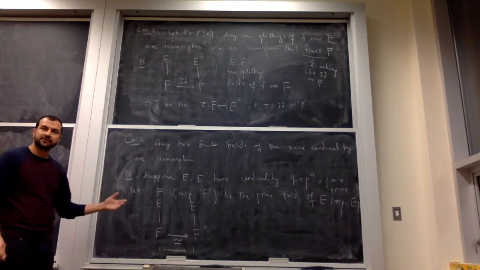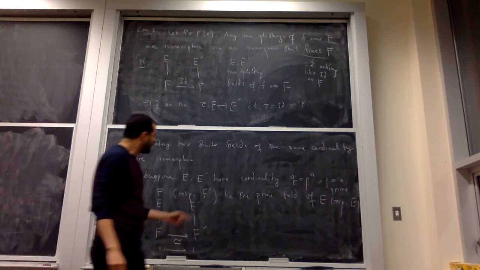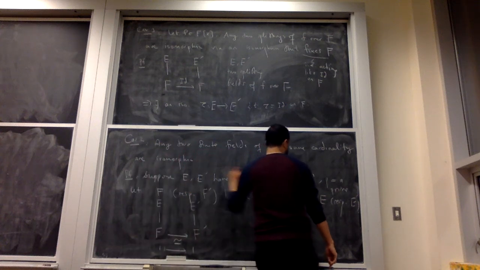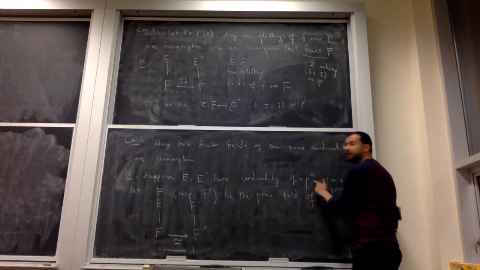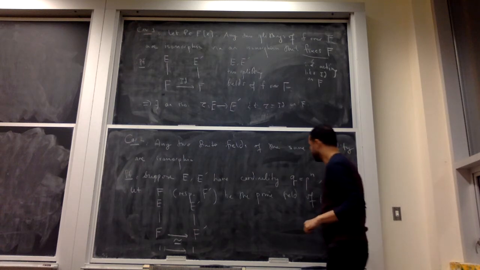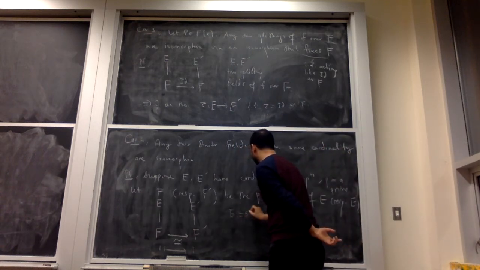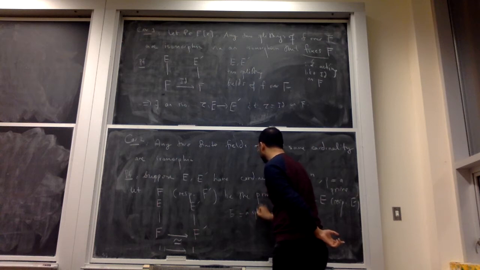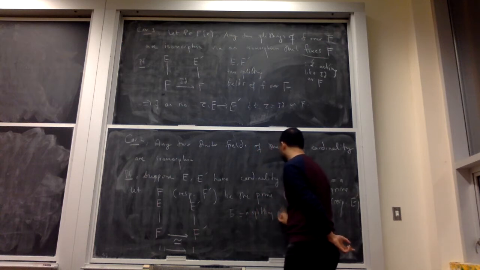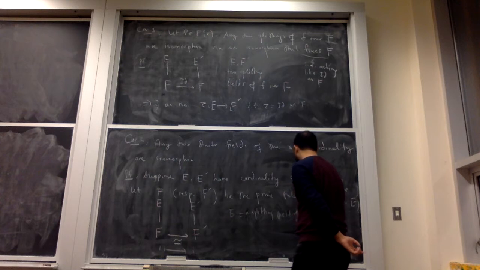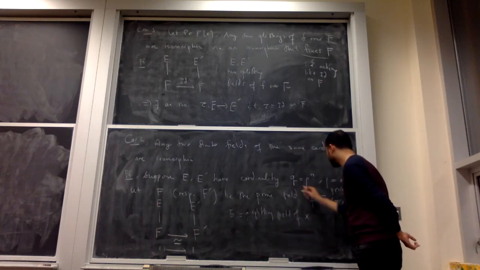Another, as we've seen this result before, if E has p to the power of n elements, it'll be the splitting field. This is a splitting field of x to the power of q minus x.